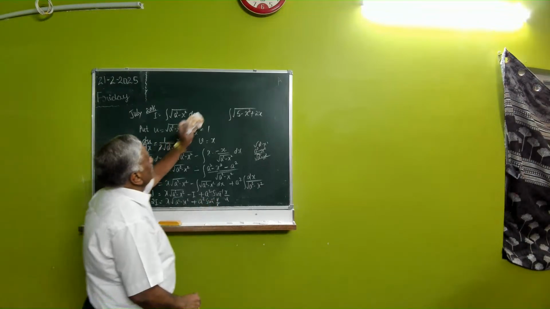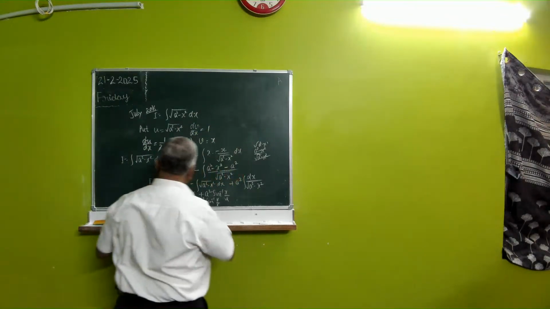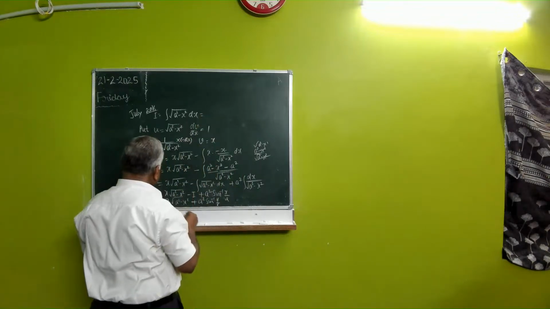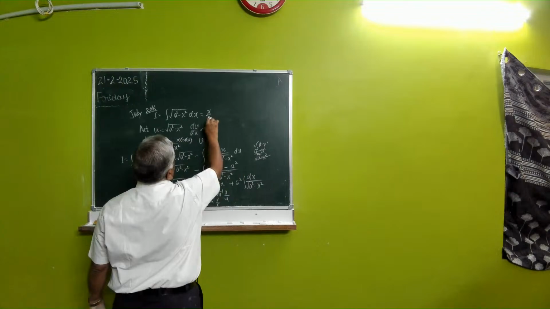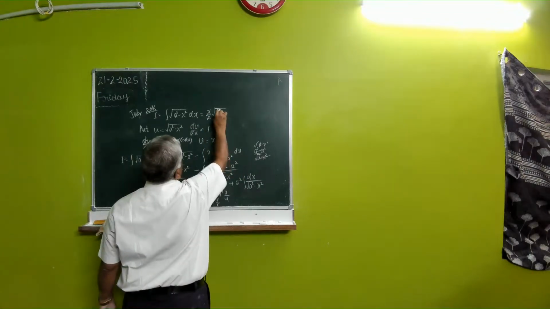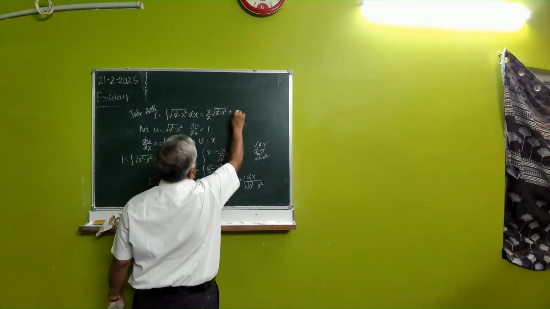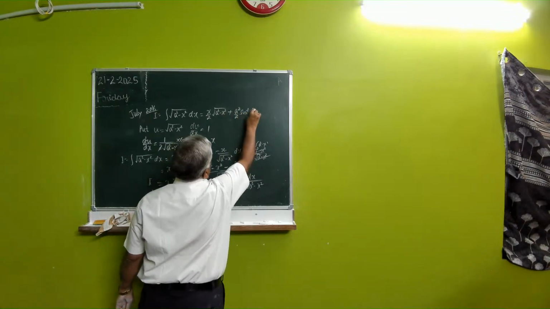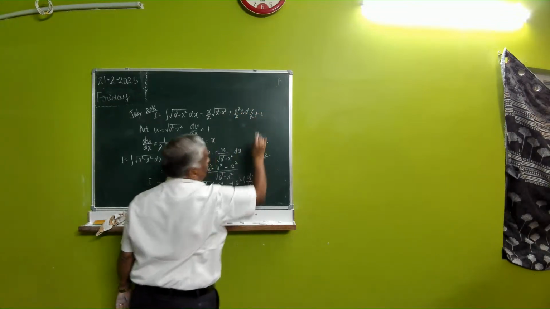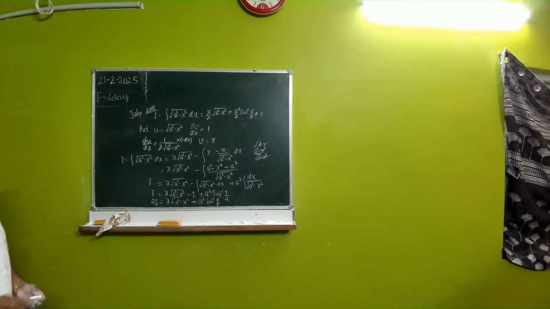But we want I, so divide, or send this to the right hand side. You get I equals x by 2 into root of a square minus x square plus a square by 2 sin inverse x by a. See whether it is clear.